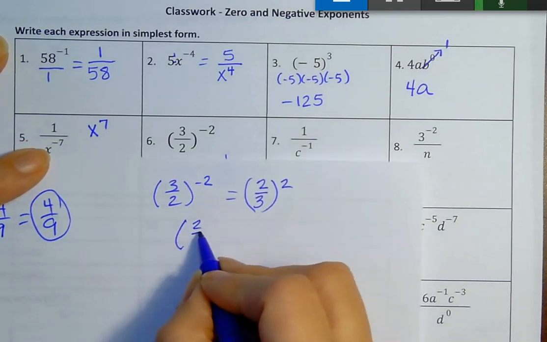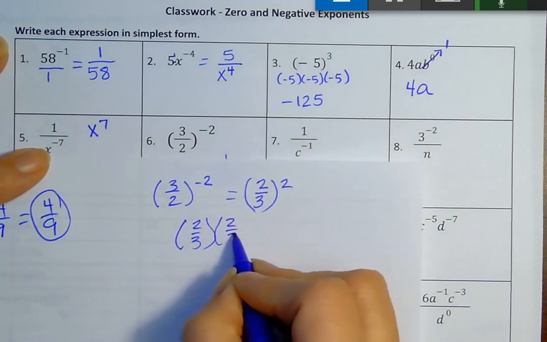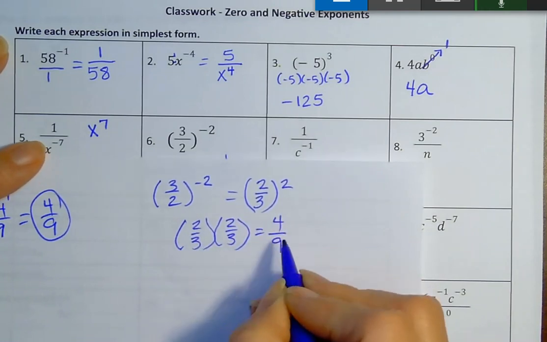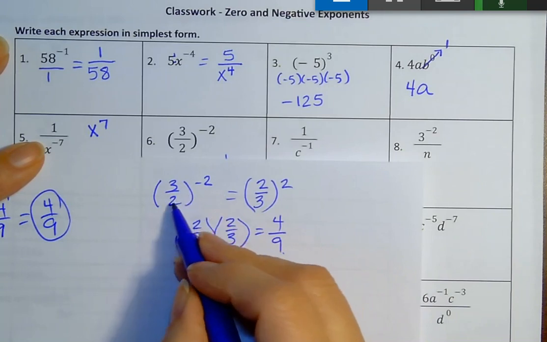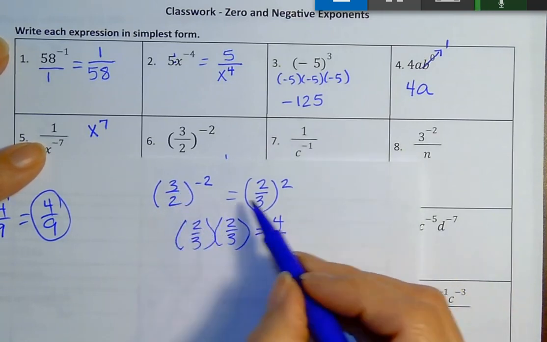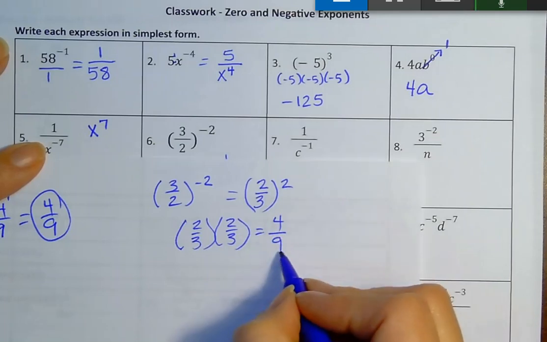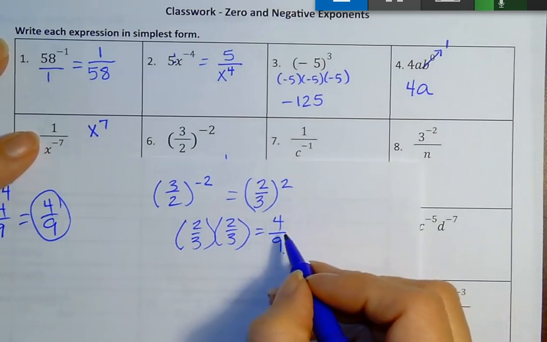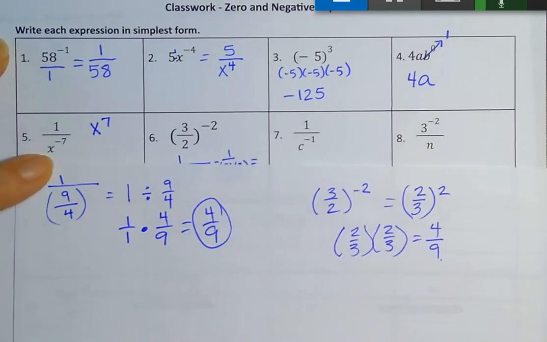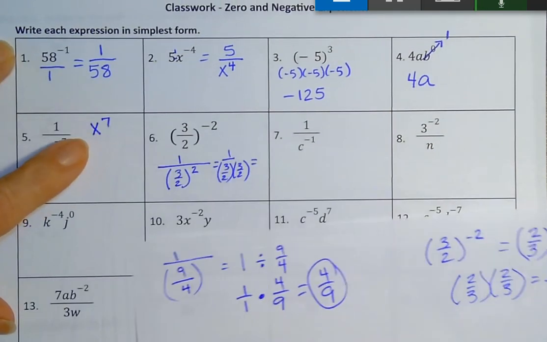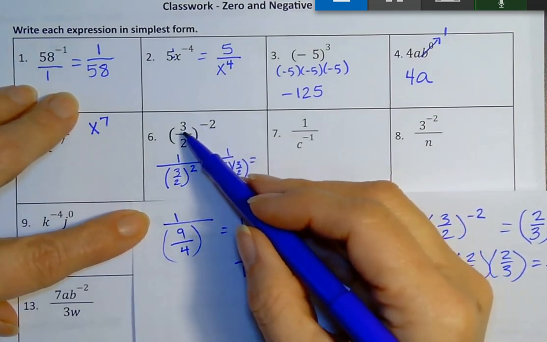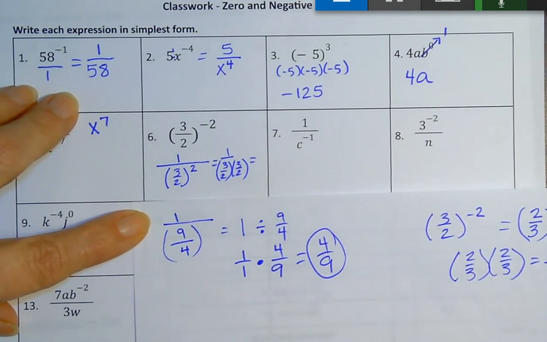If I then say 2/3 times 2/3, 2 times 2 is 4, and 3 times 3 is 9. So the shorter way to deal with a fraction that has a negative exponent is to just flip it upside down and make your exponent positive. If you are insecure about that and you love dividing by fractions, then you can do it manually like I did here, longhand. I knew that 3 halves goes in the denominator to get a positive exponent.